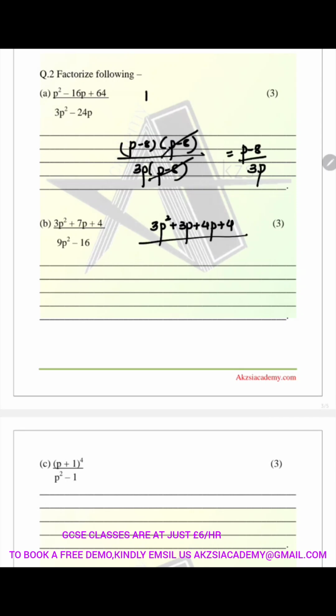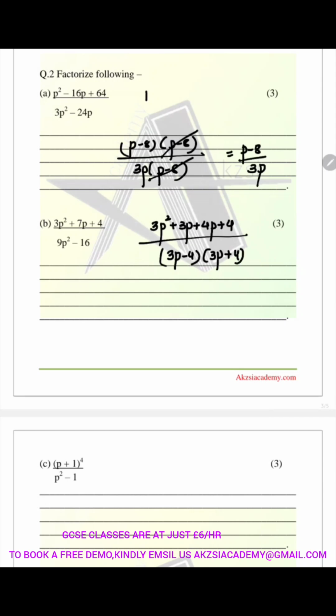And 9p² − 16, squares separated by a negative sign. We just did, x² − y² is (x + y)(x − y). So this can be written as the square root of 9p² is 3p and the square root of 16 is 4. So (3p − 4)(3p + 4).